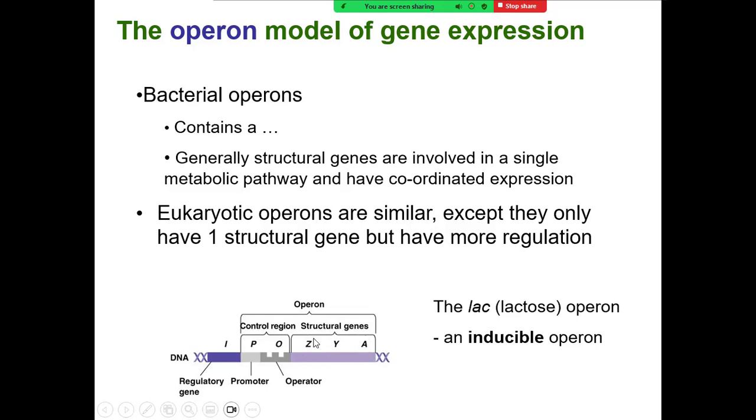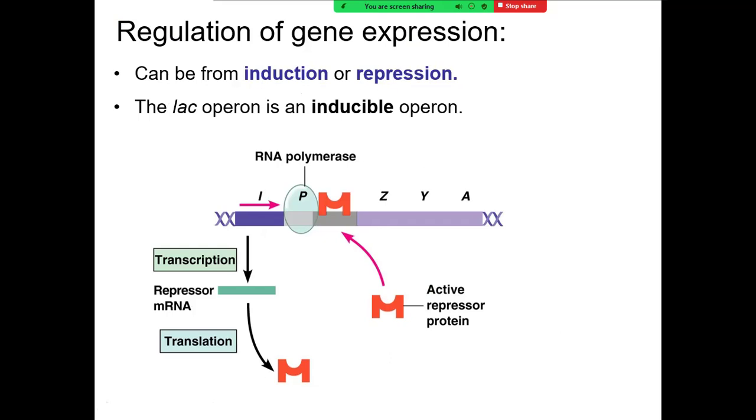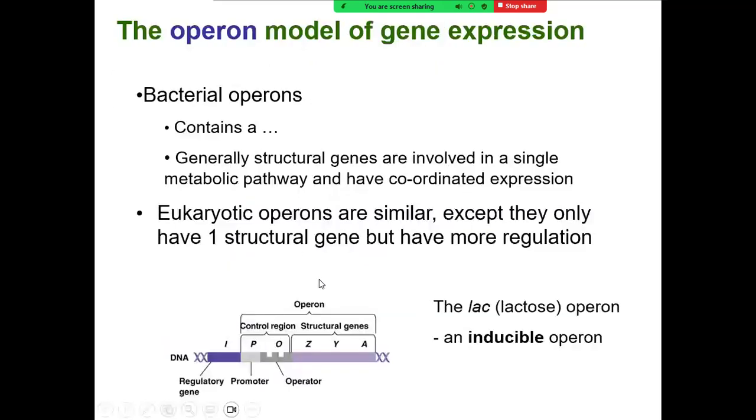The Z gene encodes for the lactase enzyme, which will degrade the sugar lactose into galactose and glucose. The Y gene is the transport protein in the membrane that allows the sugar lactose to gain entry into the cell.